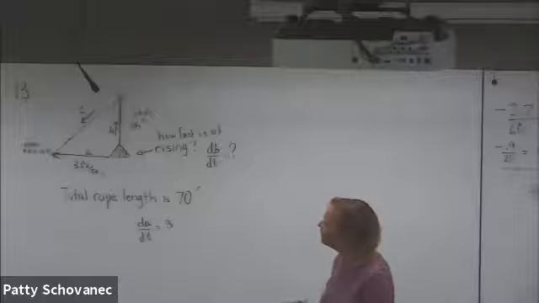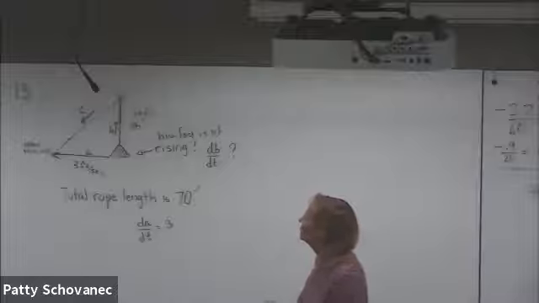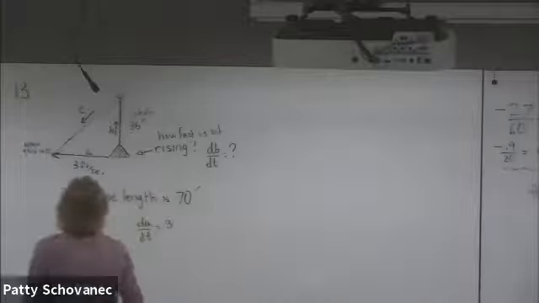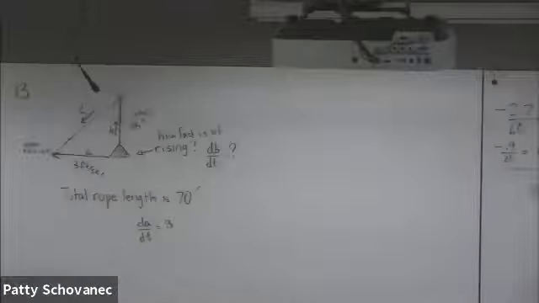I guess we're gonna have to figure that out with the total rope length. Right, if the total rope length was 70, then this is going to be. Could you say C is 35? Beginning of this. Yeah, I started with C is 35.